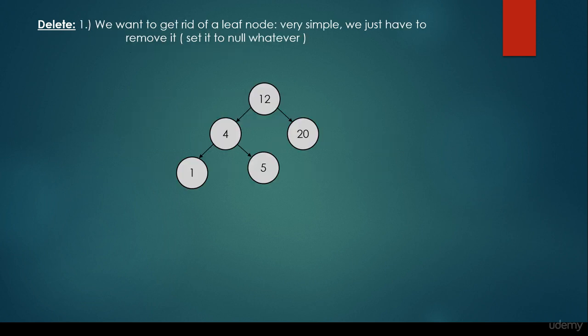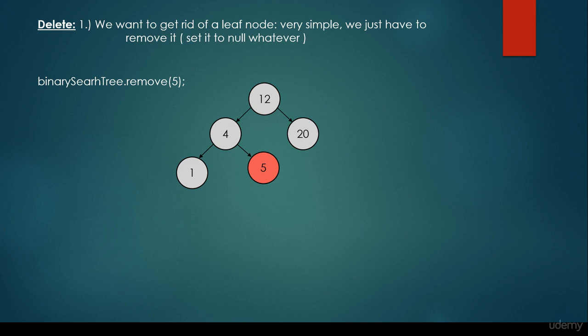The first is that we want to get rid of a leaf node. It's very simple, we just have to remove it. For example, we want to remove node 5. We start at the root node, 5 is smaller than 12, so we go to the left. 5 is greater than 4, so we go to the right. It's very important that if we want to get rid of a node, of course first we have to find it.